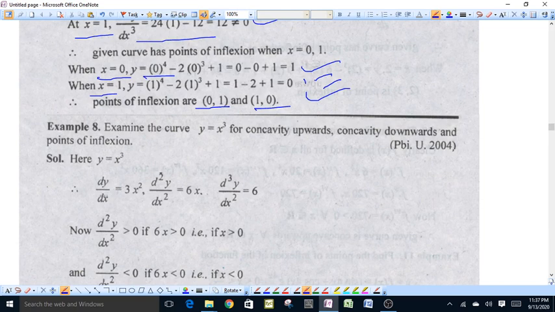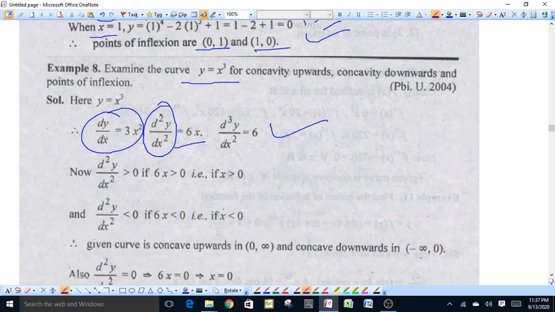Let us examine another curve y is equal to x cube for concavity and convexity and for the points of inflection. Taking first order derivative, we have dy upon dx equal to 3x square, d2y upon dx square is equal to 6x, third order derivative is equal to 6. For upward concavity, second order derivative must be positive, that is 6x must be positive.